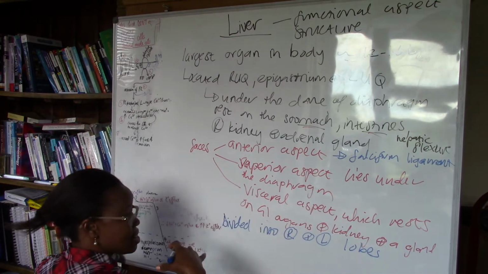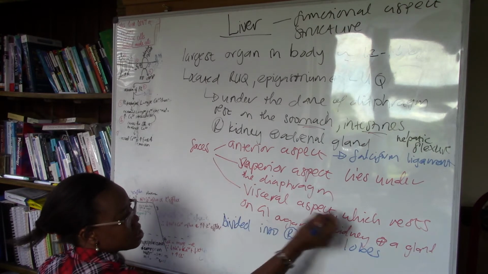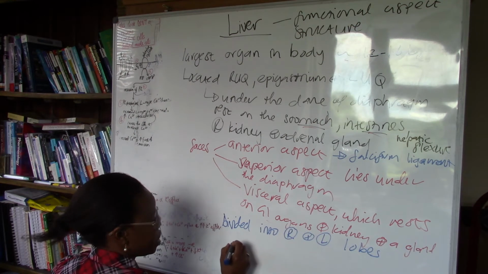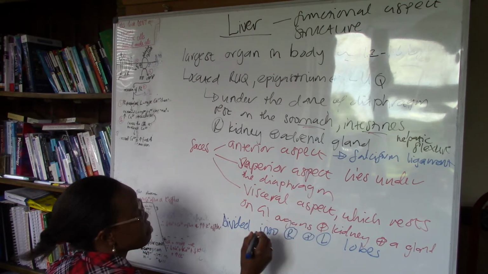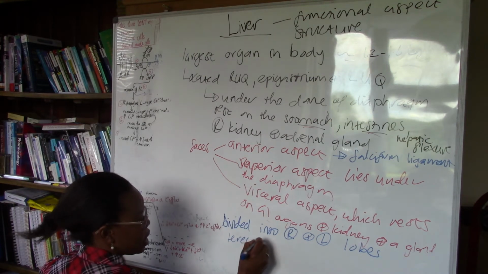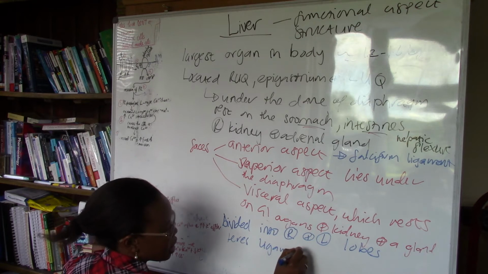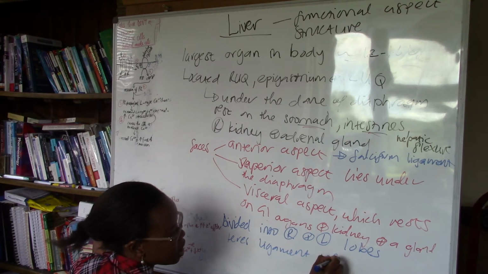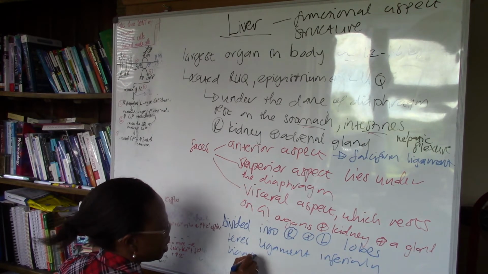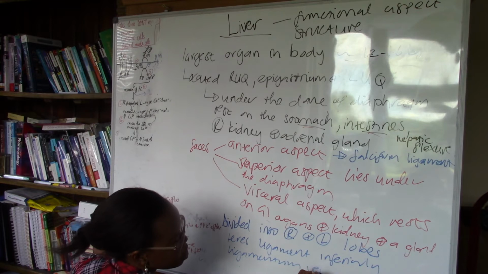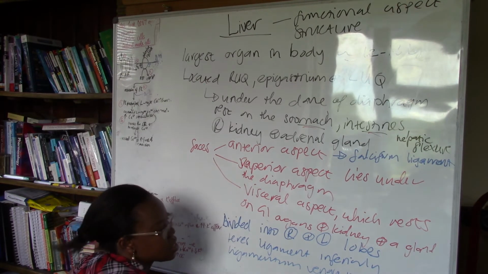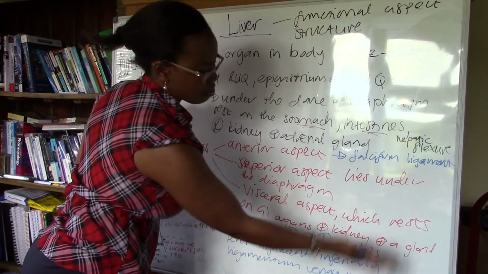And then on the posterior aspect, which is more like the visceral aspect, it's via the teres ligament inferiorly, and the ligamentum venosum. Again, these are the remnants from the embryo.